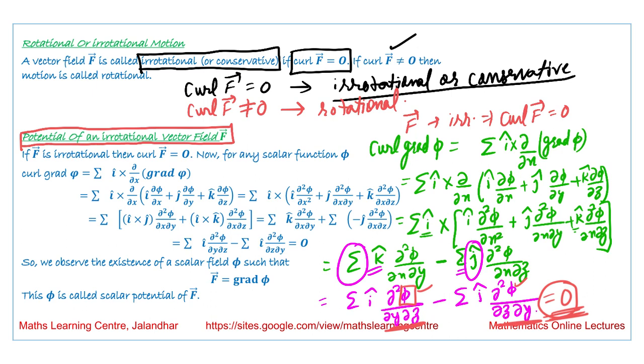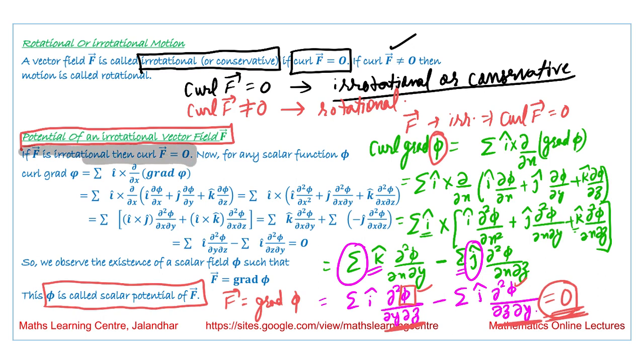So what we have seen is that there exists a function phi such that f vector is equal to gradient of phi, and this phi is called the scalar potential of f vector. I am repeating how we started the proof. If f vector is irrotational, then curl of f vector is 0.